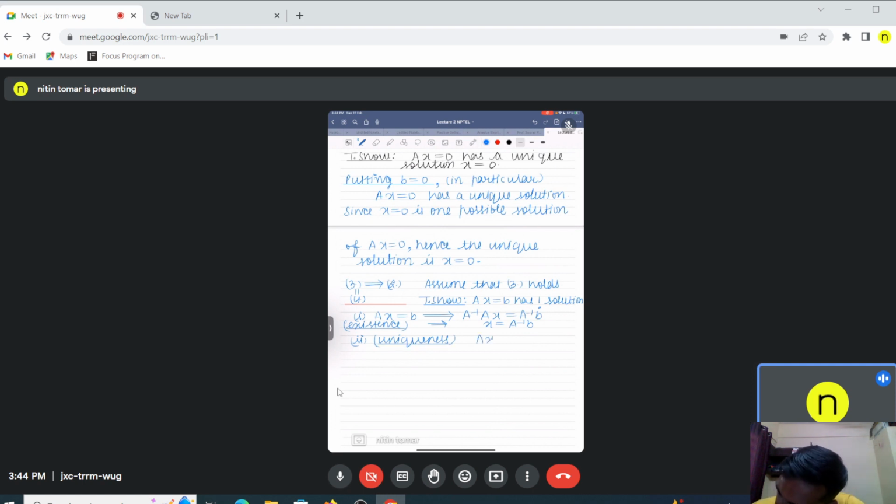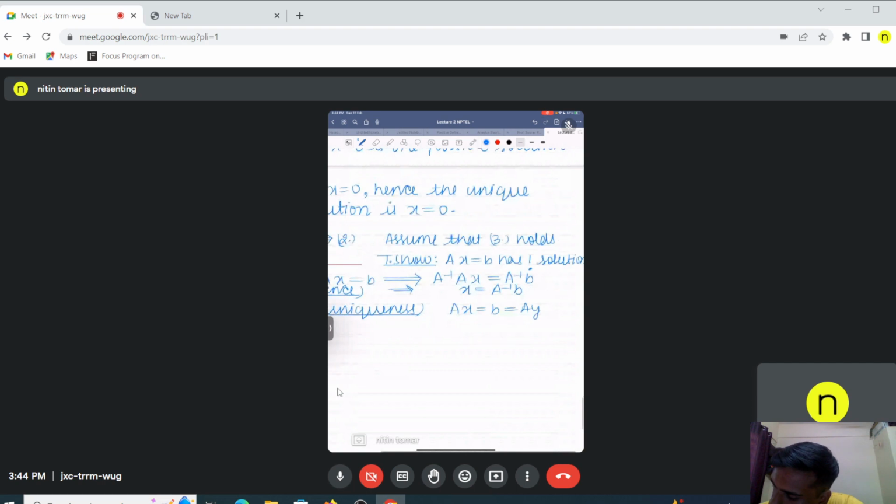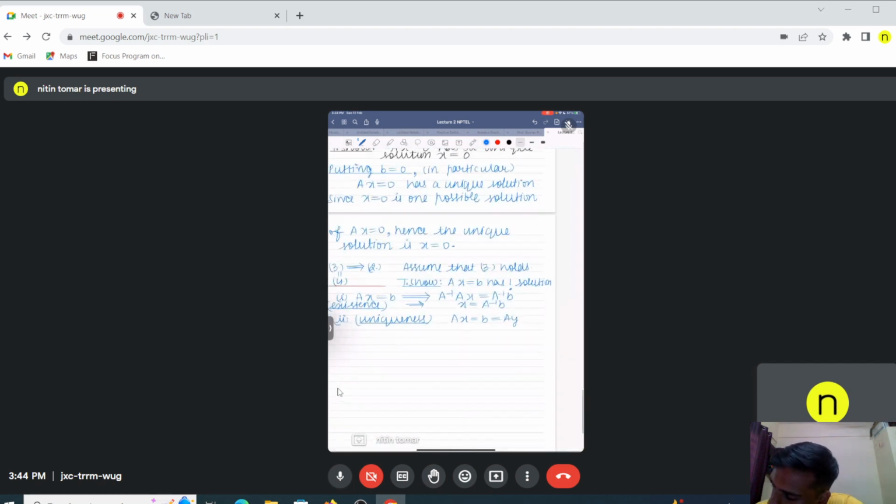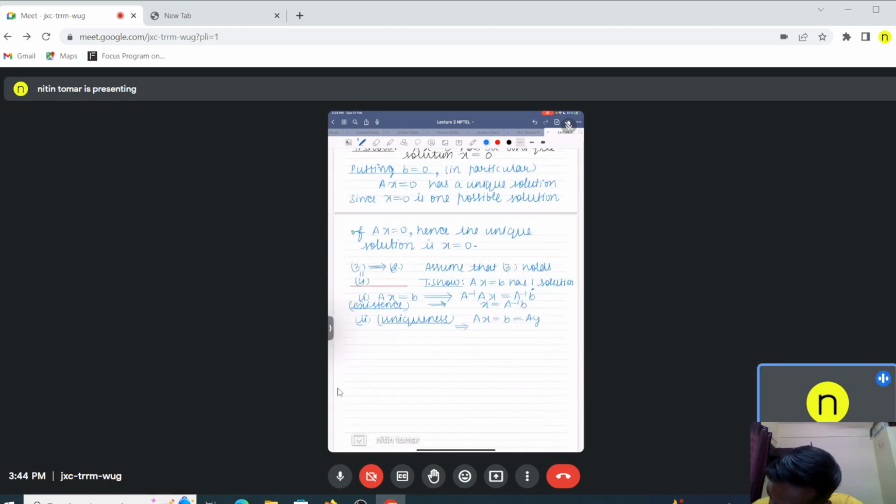Let us say ax equal to b is equal to some ay. Then what does it imply? It implies ax is the same as ay. You multiply with A inverse both sides. Then x is the same as y.